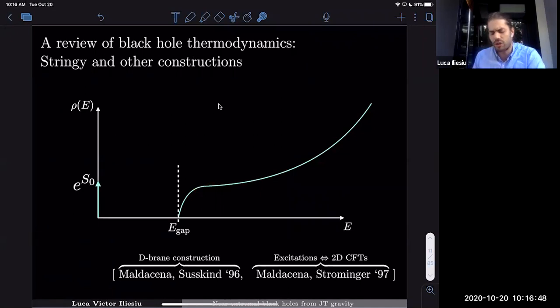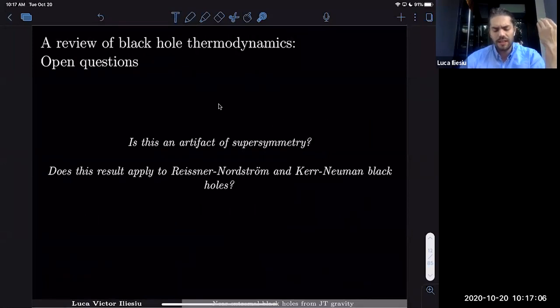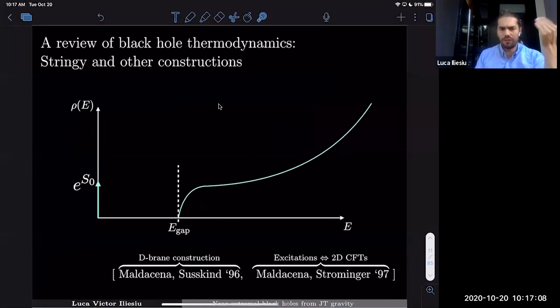So that's one result. A similar result was obtained in some sense in a more universal fashion by Maldacena and Strominger, by using certain properties of superalgebras and 2D CFTs. We can ask, is this result universal? Is the existence of a gap universal for near-extremal black holes?